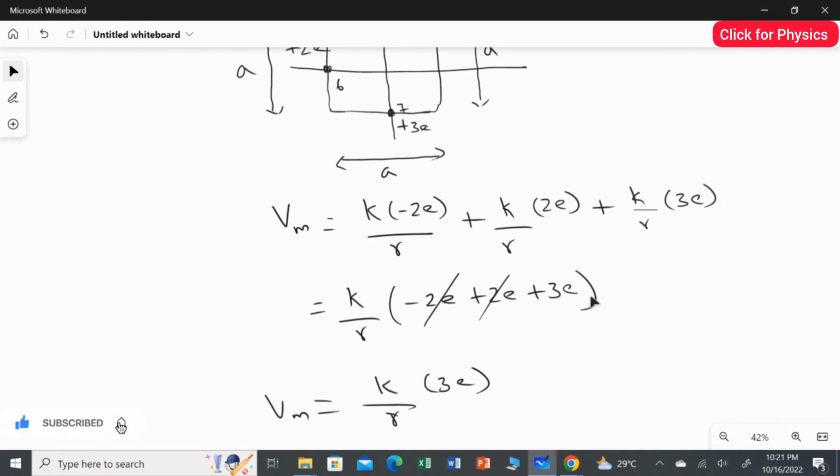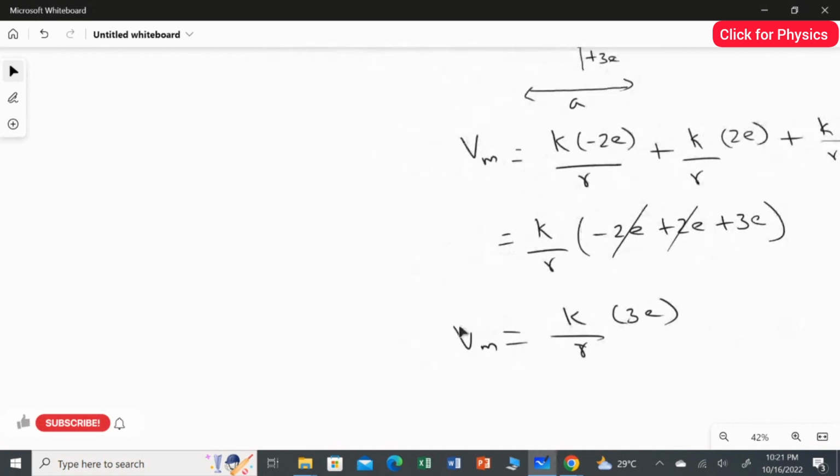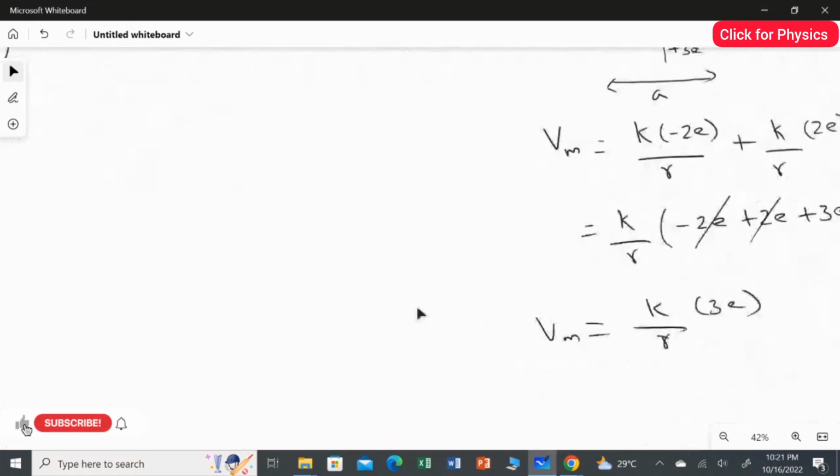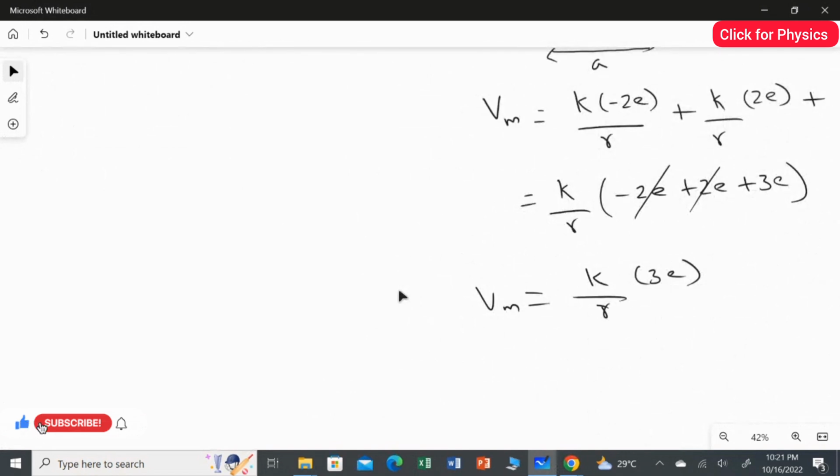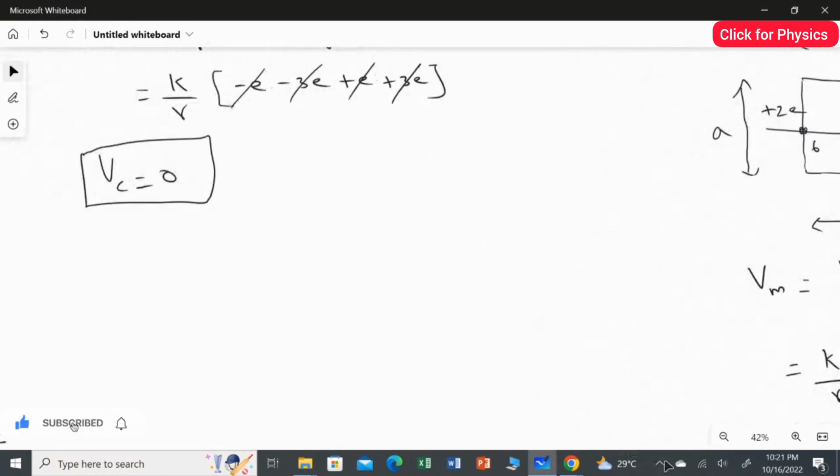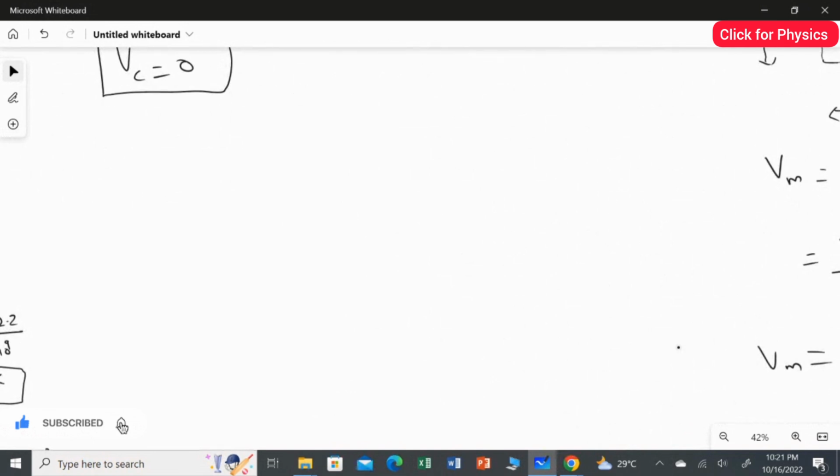I'm not going to substitute the value right now, because I'll substitute in the final steps. That will be easy for us. Clear? So we got the value for the middle charges as K over R multiplied by 3E, and for the corner charge it is 0. Now what is the net potential? The net potential is equal to the corner charge potential plus the middle charge potential.